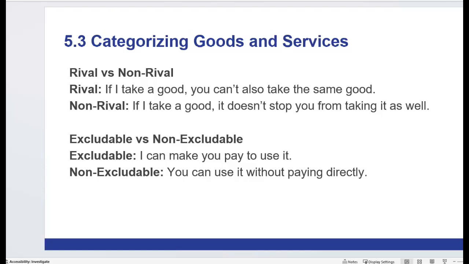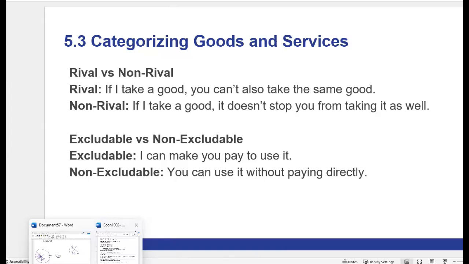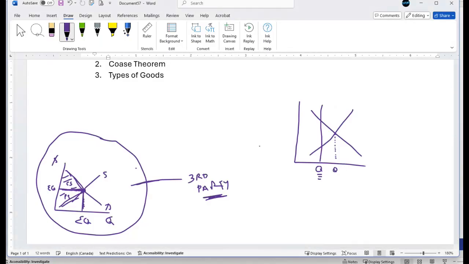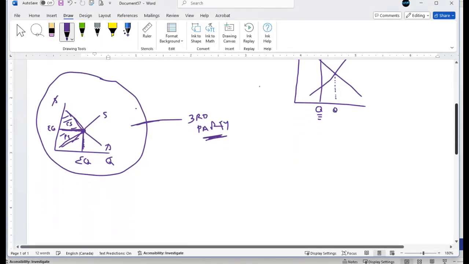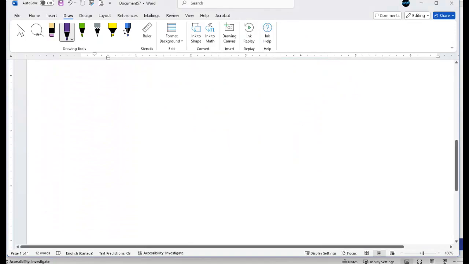And then there's this final concept in Chapter 5, which is about the categorization of goods and services. The reason we've introduced this here, you'll see in a moment, is that what we've done in Chapter 5 is kind of break apart the supply and demand model a bit and say that there are certain situations where it's not quite as effective as we originally put it out to be, although it can be as long as we make those adjustments.